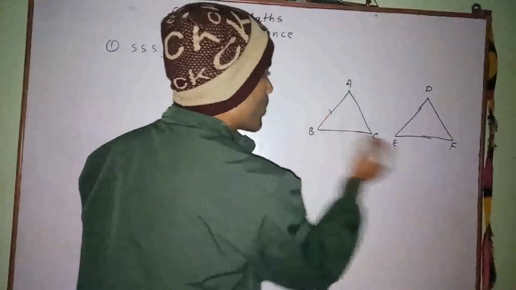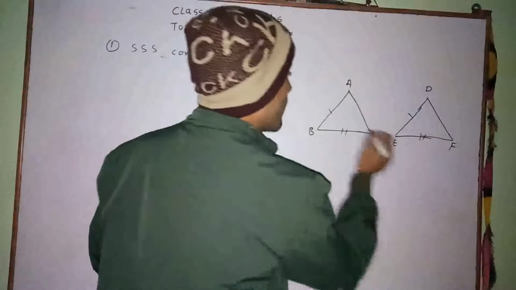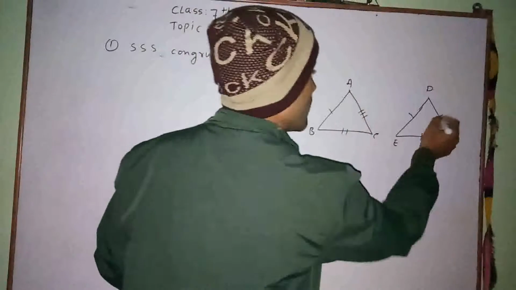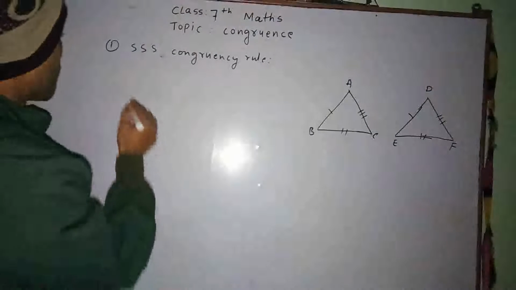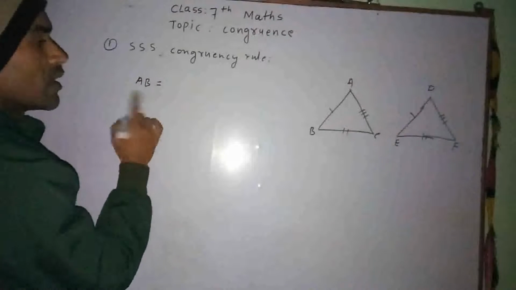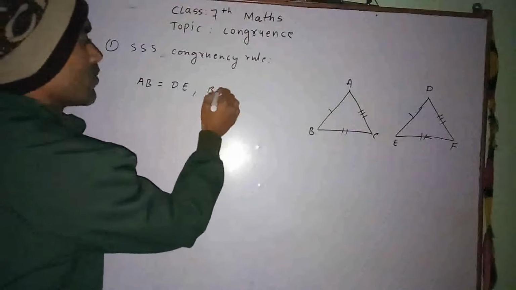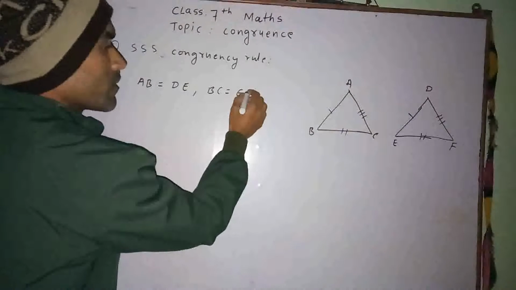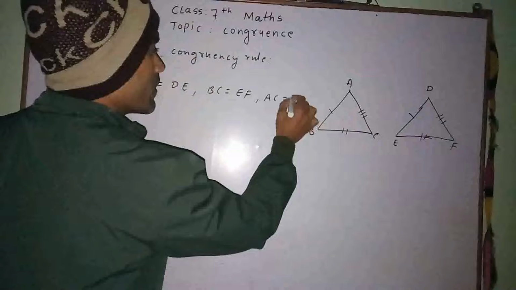Side AB is equal to side DE, side BC is equal to side EF, and side AC is equal to side DF.